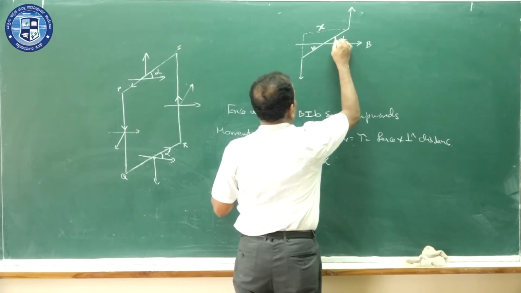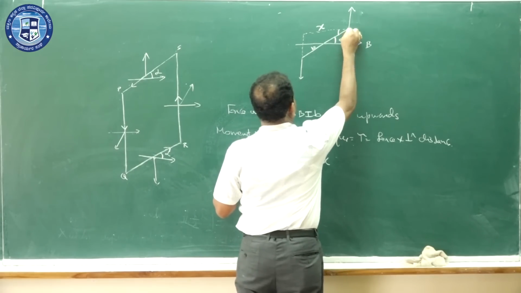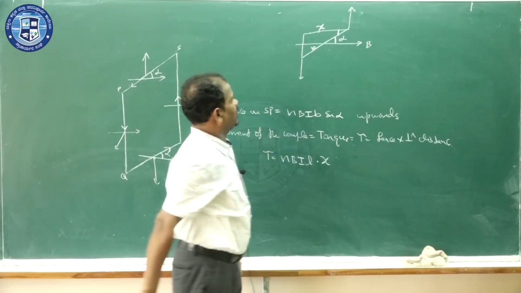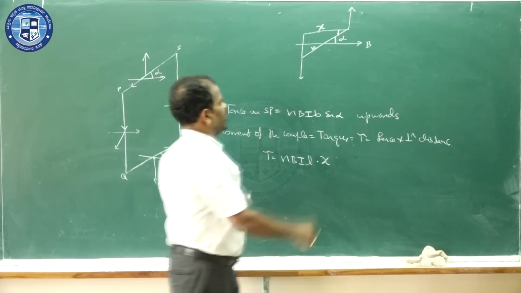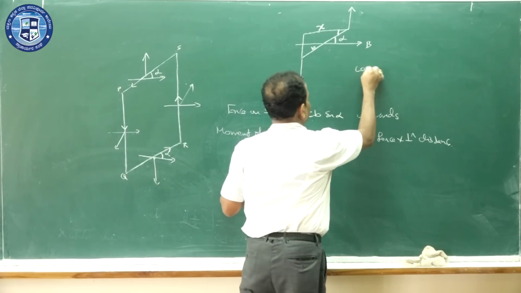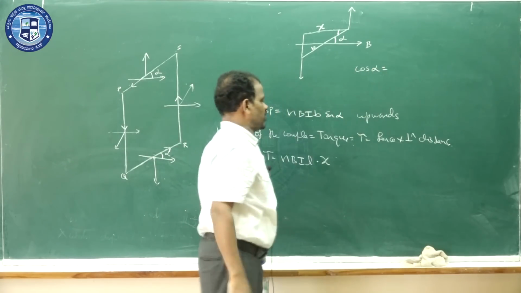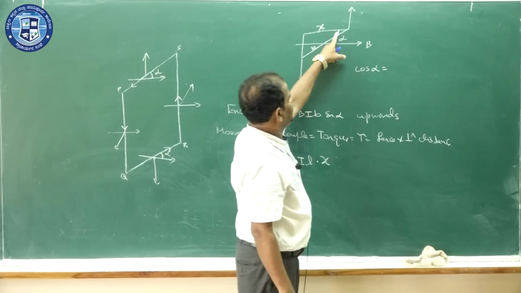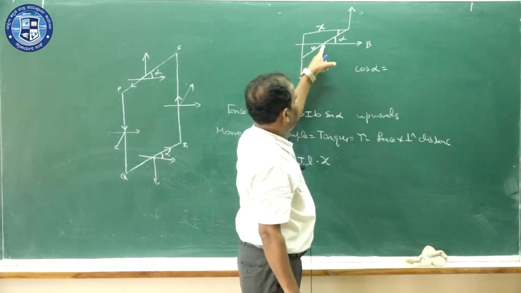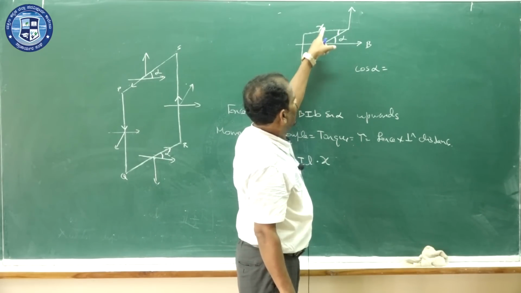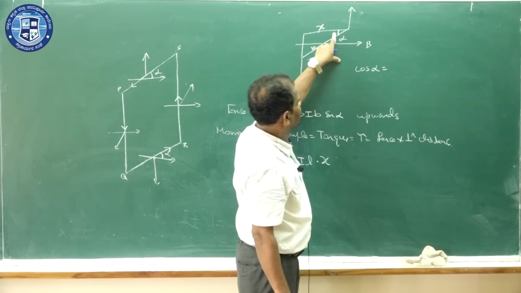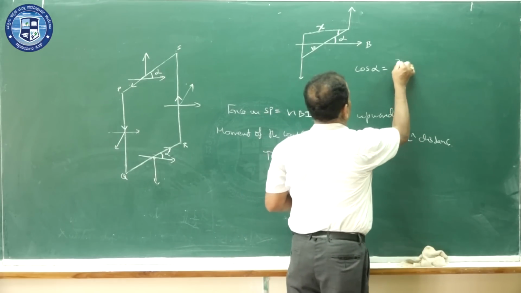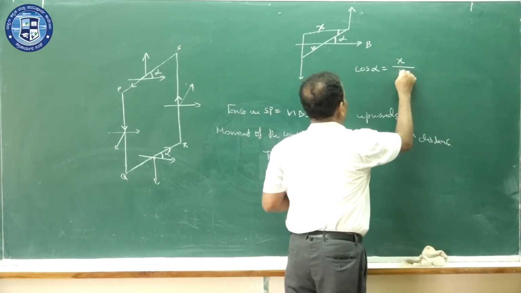This is alpha, therefore this angle is also alpha, alternate angle. From this triangle, what is cos alpha? Cos alpha is adjacent side by hypotenuse. Adjacent side is x, hypotenuse is b.